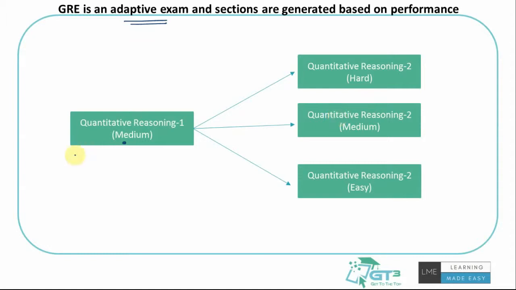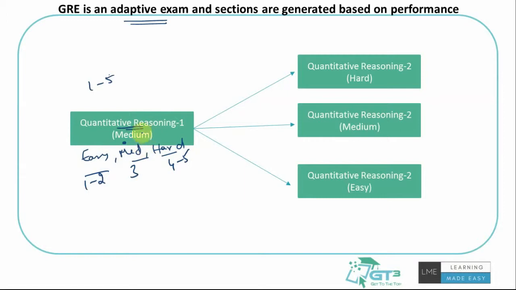When I say that, you will have a mix of easy, medium and hard questions. That will be a mix of all three. So GRE gives a difficulty rating of 1 to 5 for each question. Let's assume 1 to 2 is for easy questions, 3 for the medium and 4 to 5 are the hard questions. You will see a mix of easy, medium and hard. So the average rating of all the questions would be closer to 3. That's the medium rating. That's the first section.